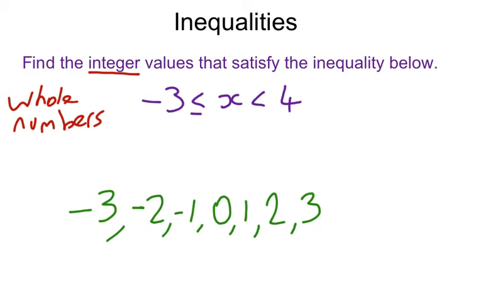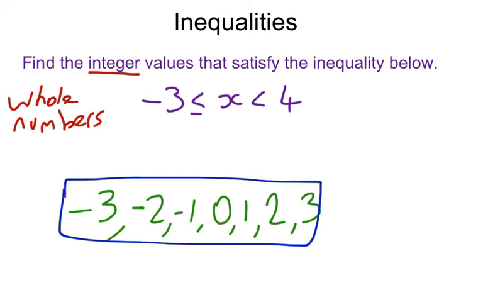You should notice here that there are actually other inequalities that could describe this set of numbers. We could have had -4 less than x less than 4, because that one wouldn't include -4, so the smallest number would have been -3.